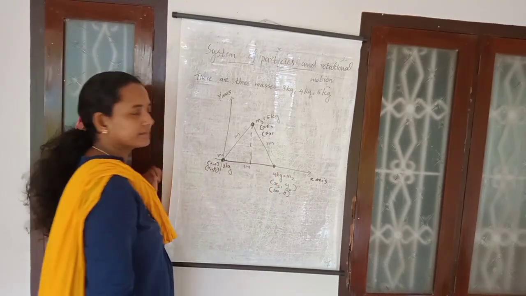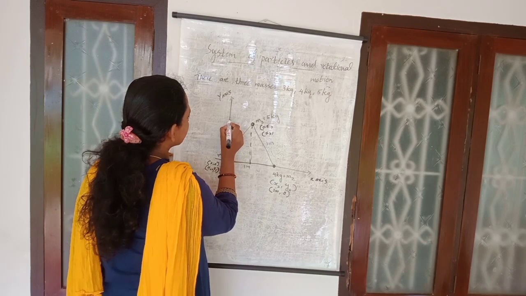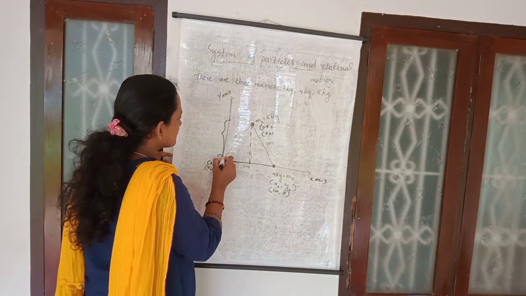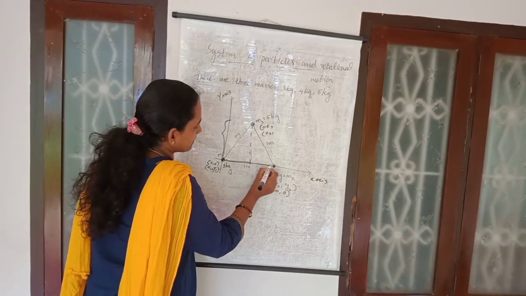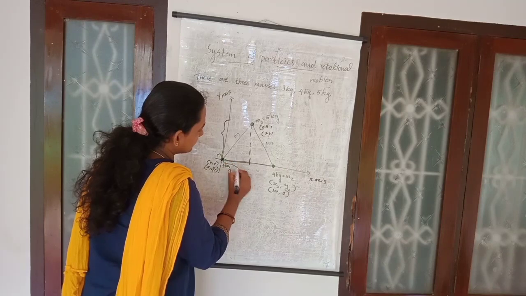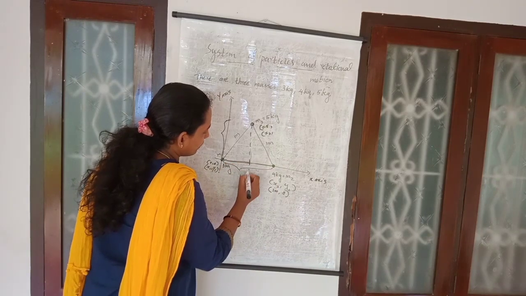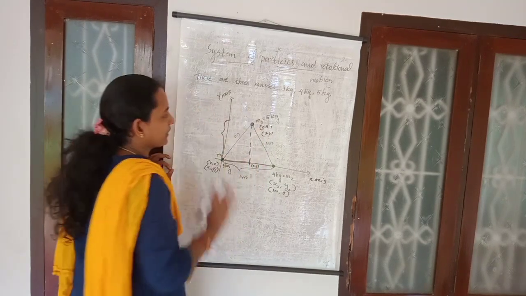The total distance is 1 meter, therefore half of this means 0.5. That is, the x coordinate is 0.5.